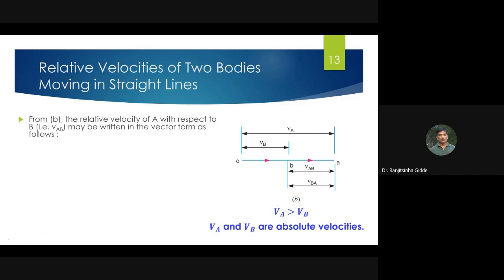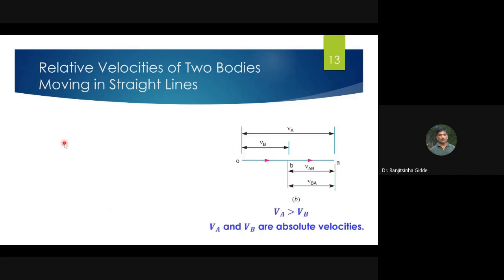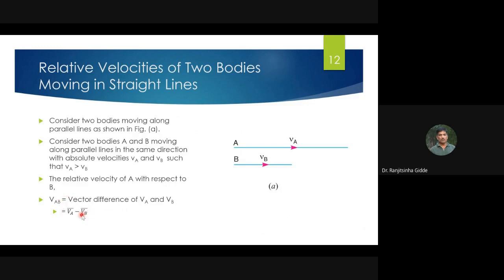Okay. Now from this figure, the relative velocity of A with respect to B, that is VAB. So in the last slide we have written directly VA minus VB.